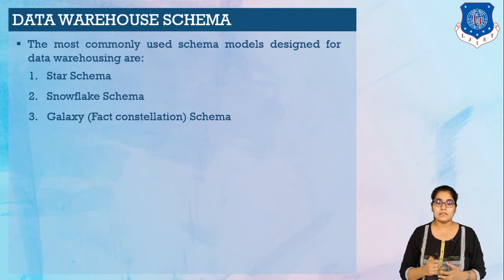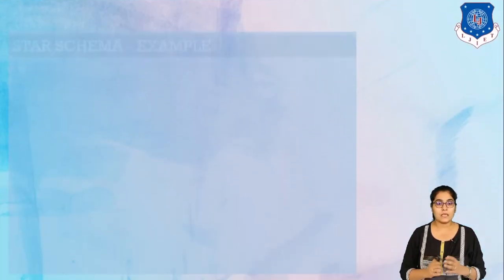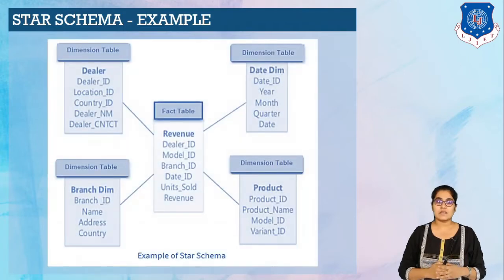So let's start with the star schema. In a star schema, the center of the star has one fact table and a number of associated dimension tables. It is known as a star schema as its structure resembles a star. The star schema data model is the simplest type of data warehouse schema.